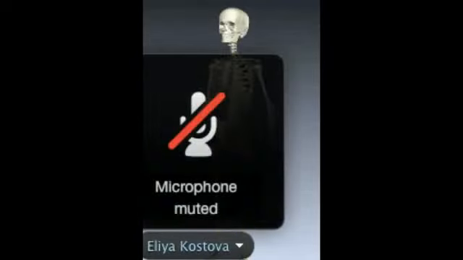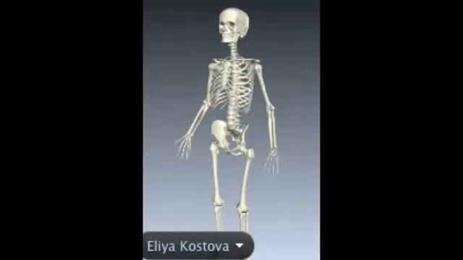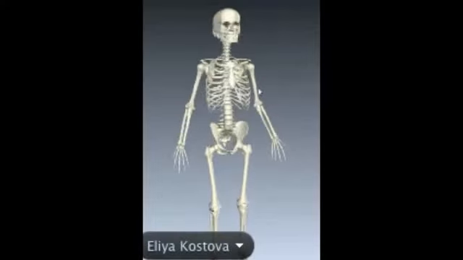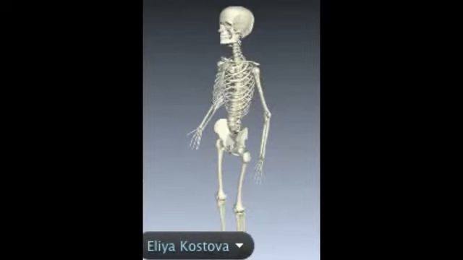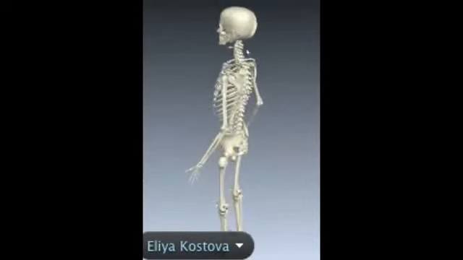The skeleton, you divide it into two parts: the axial skeleton and the appendicular skeleton. What is the meaning of that? Because they have different functions. The axial skeleton is formed by, as you may see in this model, the vertebral column.